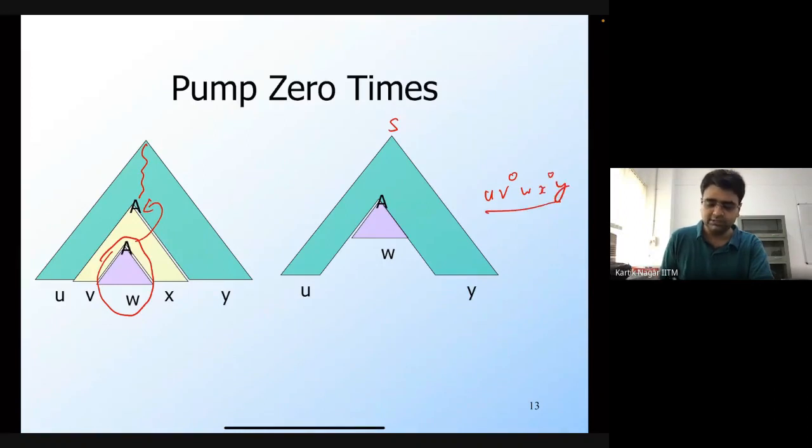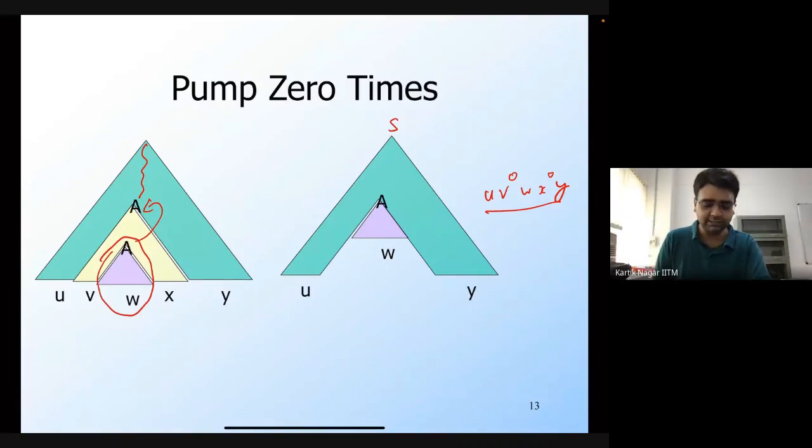So this particular parse tree is also a valid parse tree, which means that this particular string u, w, y can also be derived from the start symbol S, which means that u, w, y should also be in the language. Here I have substituted the lower A for the higher A, but I can also do the other way around.